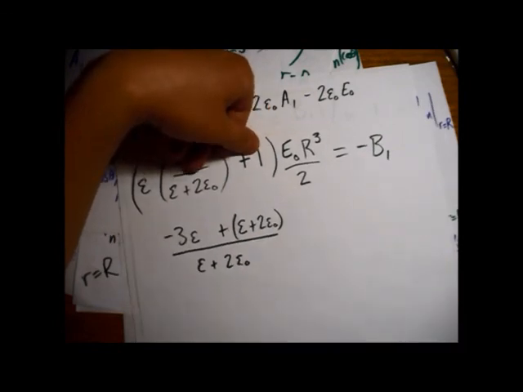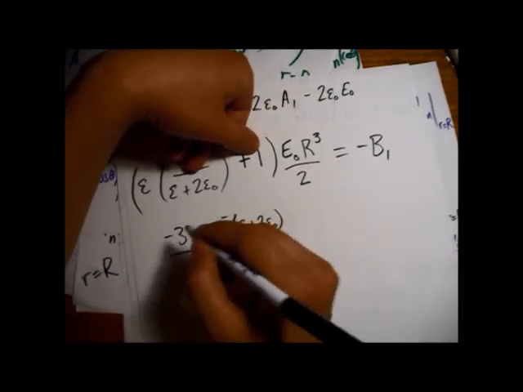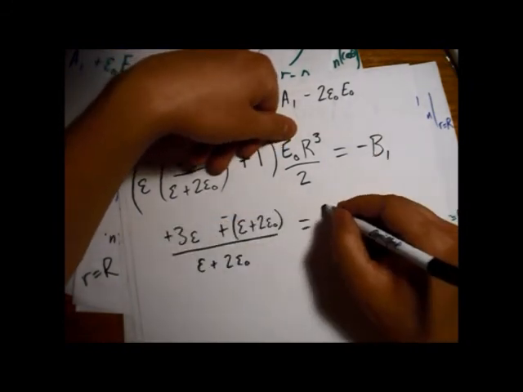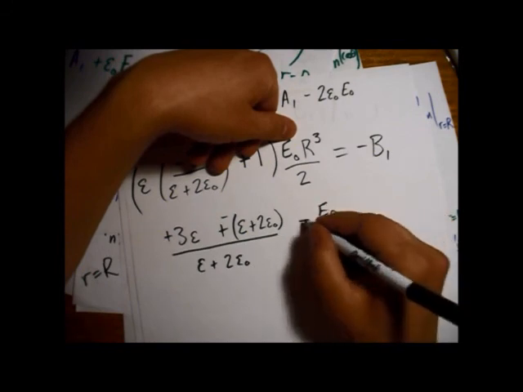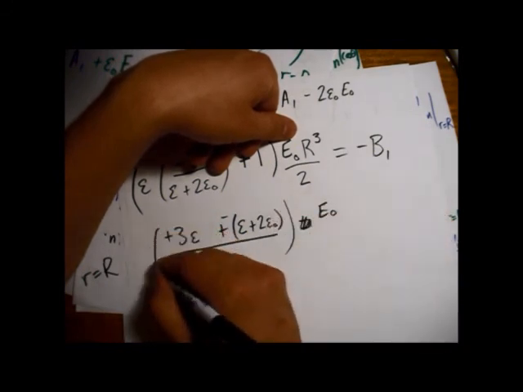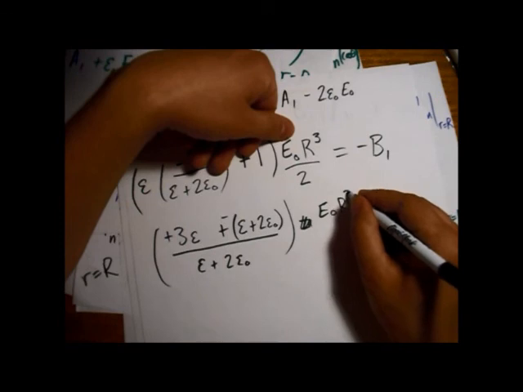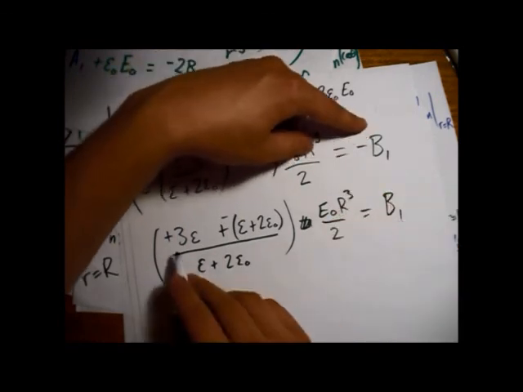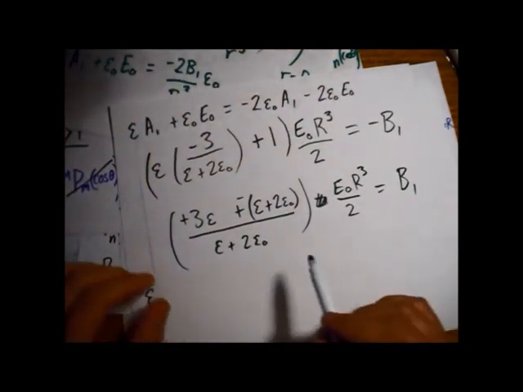Okay, and go ahead and put that minus sign over from here. Okay, so now we don't have this minus sign, because I put it in here. All right, yeah, we're almost there.